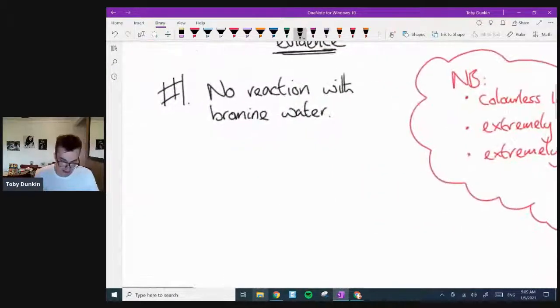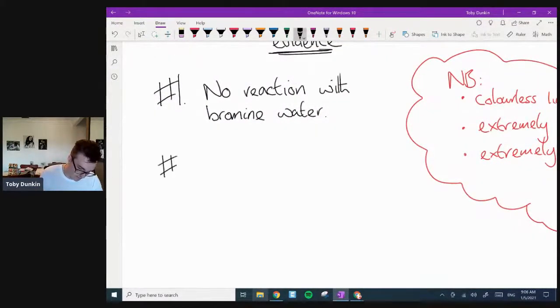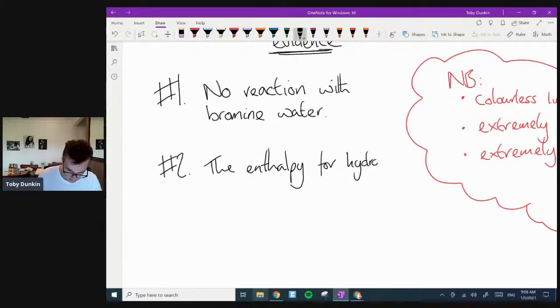Now that brings me to my second piece of evidence, number 2: the enthalpy for hydrogenation is much lower than expected.